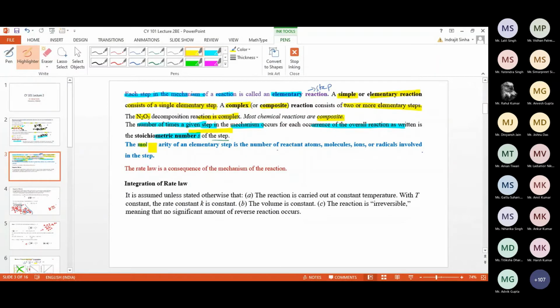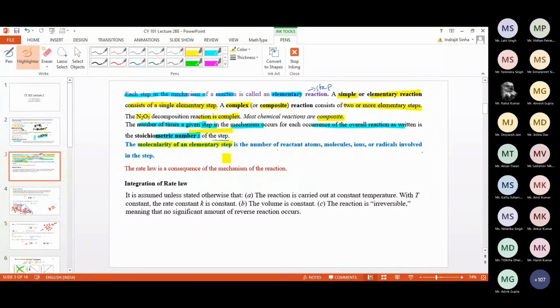Now we define what is molecularity, because there is a lot of confusion among the students about molecularity. What is the concept of molecularity? Molecularity you can define only for an elementary step or an elementary reaction. If you are asked about the molecularity of a reaction, then you can talk about the molecularity only if and only if it is an elementary reaction, not otherwise.